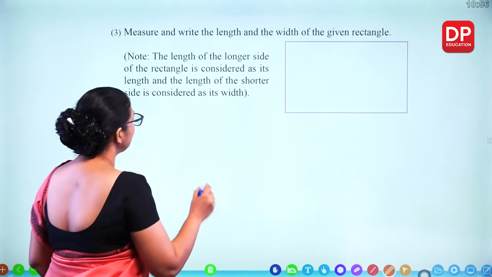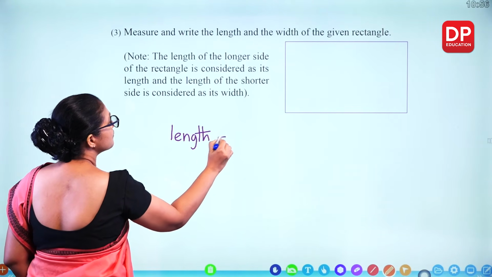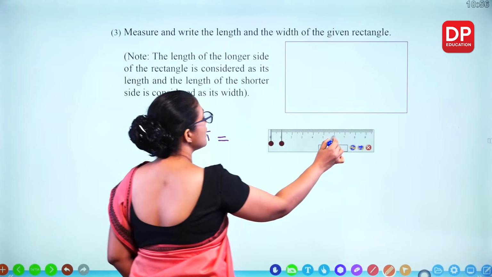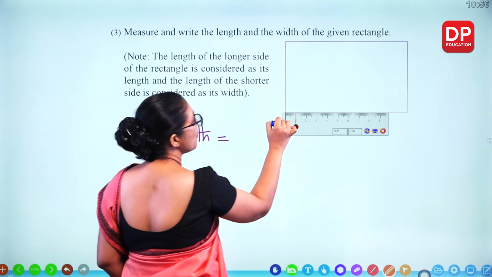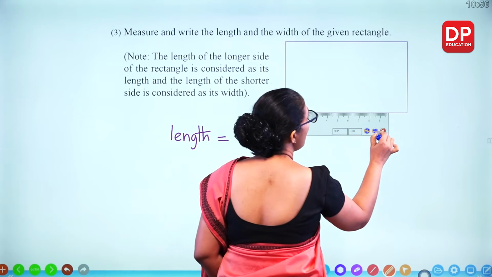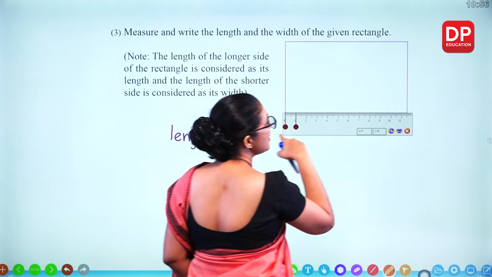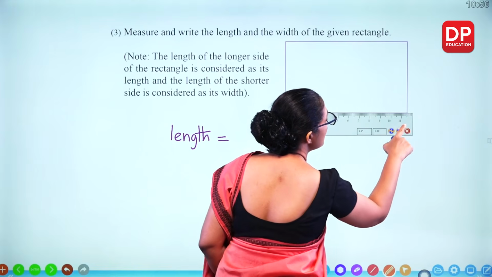So length: take the ruler and measure this length. Keep one edge, one vertex point, on top of 0, and then we can measure here 11.5.